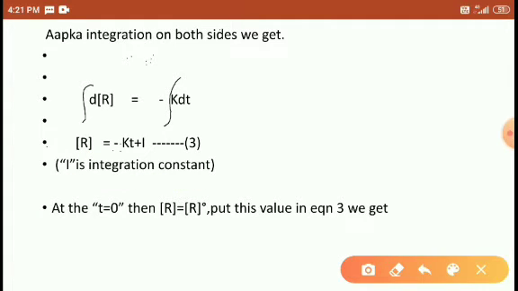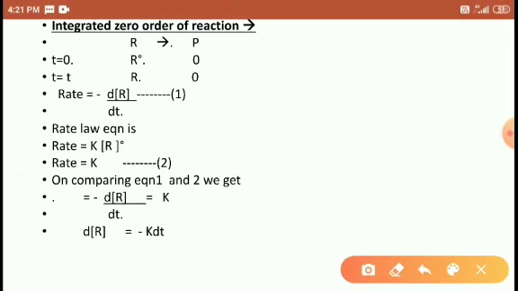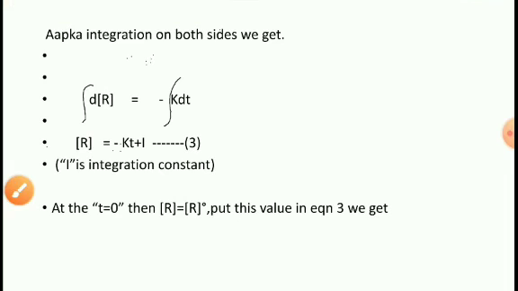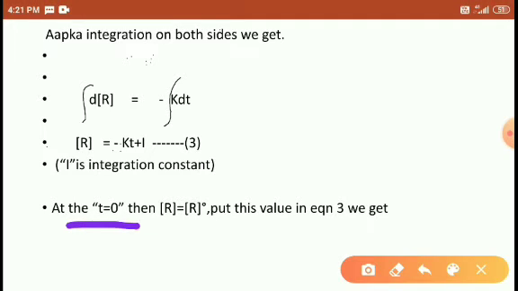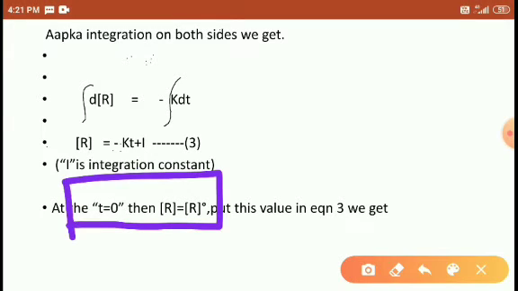So at the time t is equal to 0, R is equal to R naught. Look here, students. At the time t is equal to 0, what is the value of R? R is R naught. The concentration of R is considered as R naught. Put this value into equation 3.